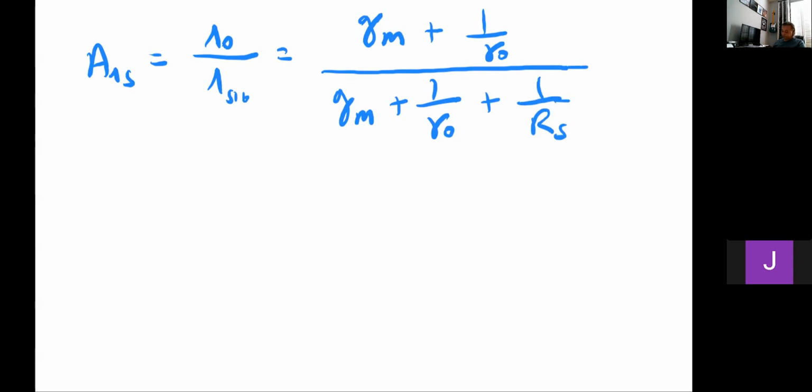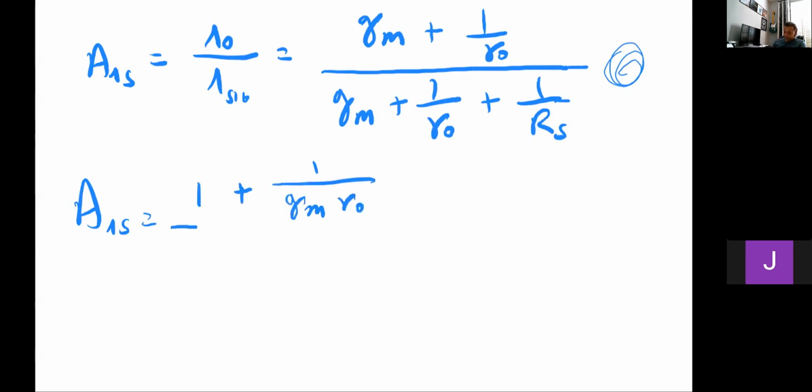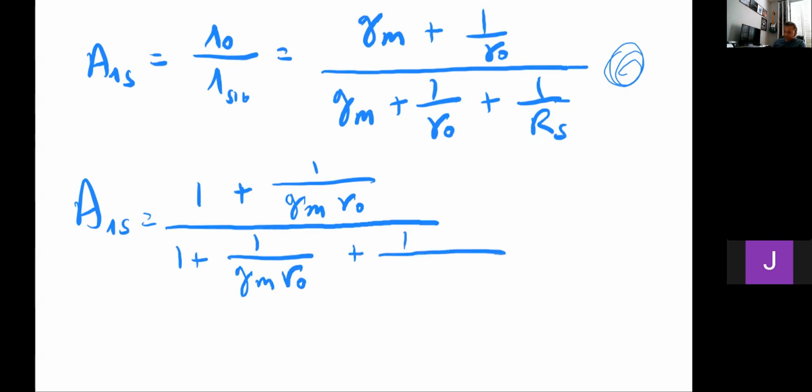And we can manipulate this a little bit, okay? And that is going to look like, so I can make this look like that, okay? Now, remember that this is a current buffer.